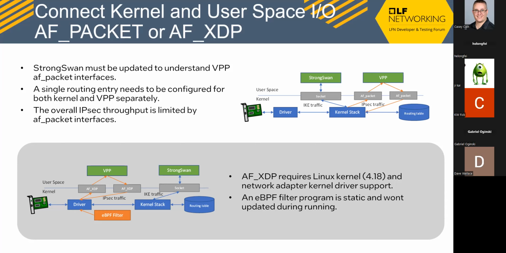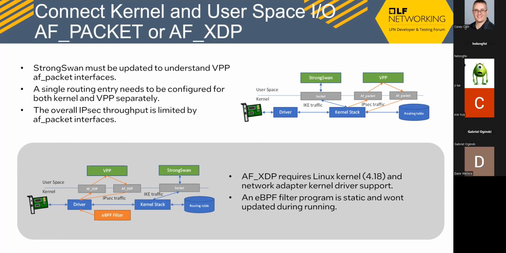However, there are also limitations with AF XDP. It basically requires a relatively new Linux kernel. The first release was in Linux 4.18, and it depends on network adapter kernel driver support. Some advanced features, such as customized BPF program load, rely on even newer kernel versions and also updated network adapters.